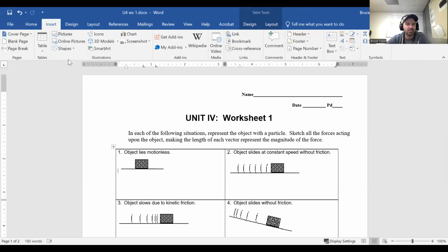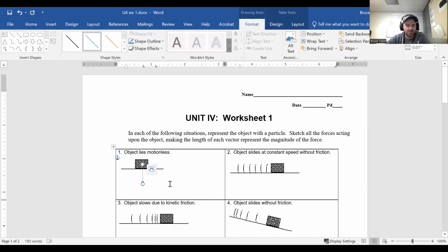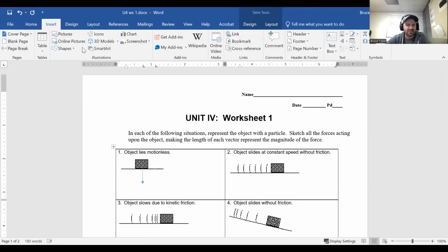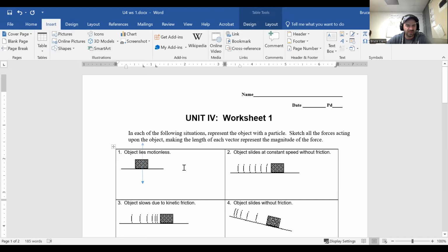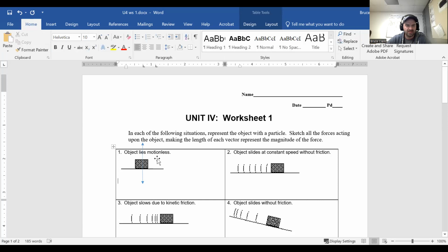Let's start over. Gravity's going to be pulling the object down, and then we're going to have the normal force pushing the object up. Then I would just write in the margins up here that that's the normal force, and down here, that this is the force of gravity.